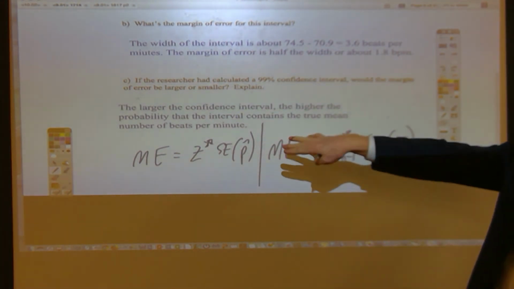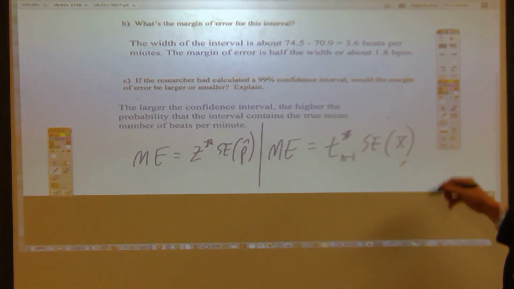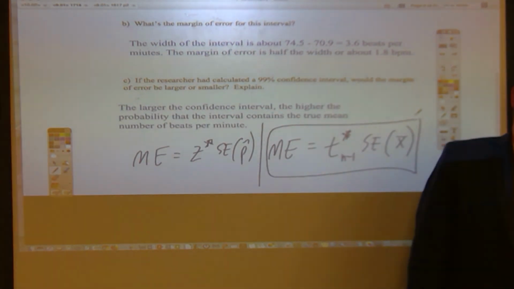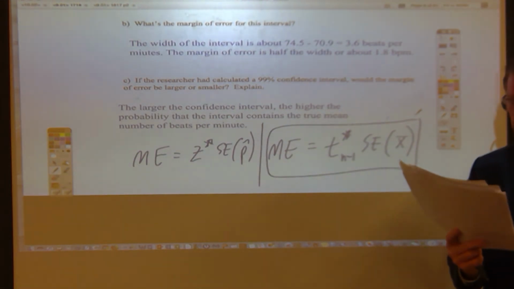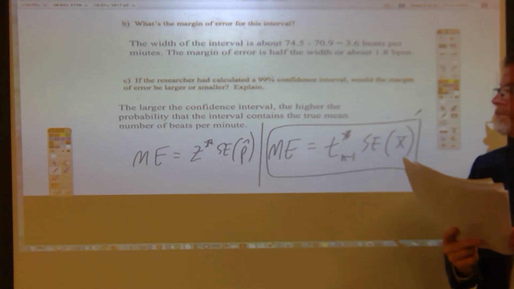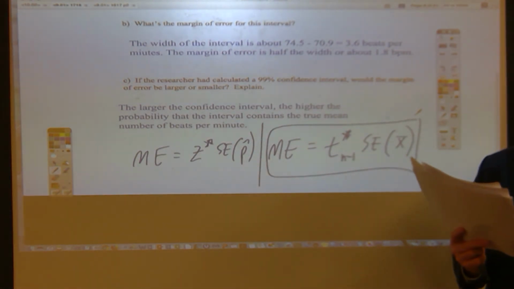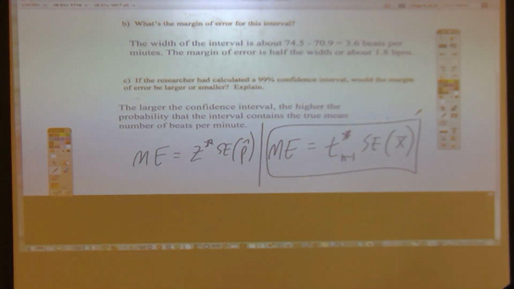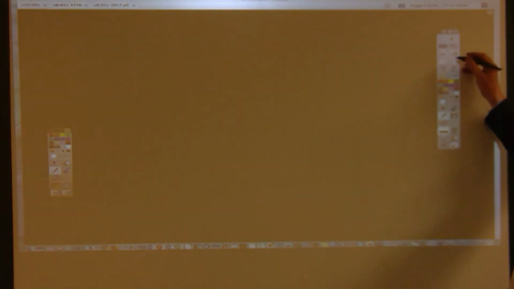So instead of SE of p hat, it's SE of x bar. That's the new formula for margin of error when building mu traps. And would the margin of error be larger or smaller? Larger, no big deal there.